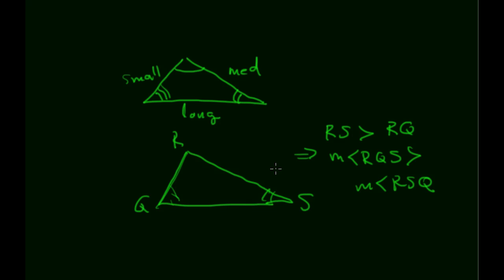Now, what we're actually going to do is prove this converse. We just said that if one side is longer than the other, then the angle opposite the large side must be larger than the angle opposite the small side. So in this proof we're going to go the opposite direction.